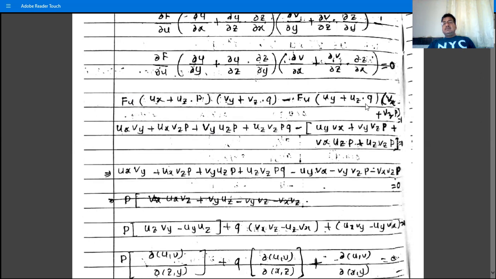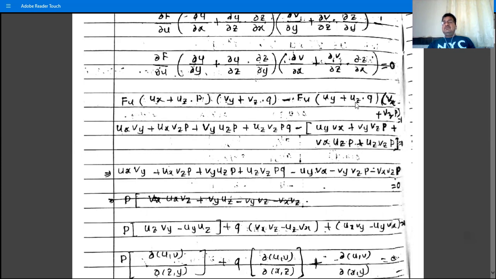Then the multiplication of these two brackets, again we have four terms but with a negative sign, so write in bracket: u_y v_x, then u_y v_z p, then u_z v_x q, right here it is q, it is not p, it is q.